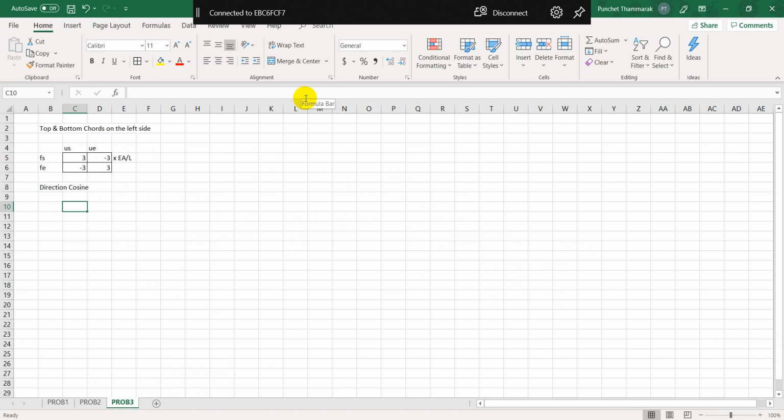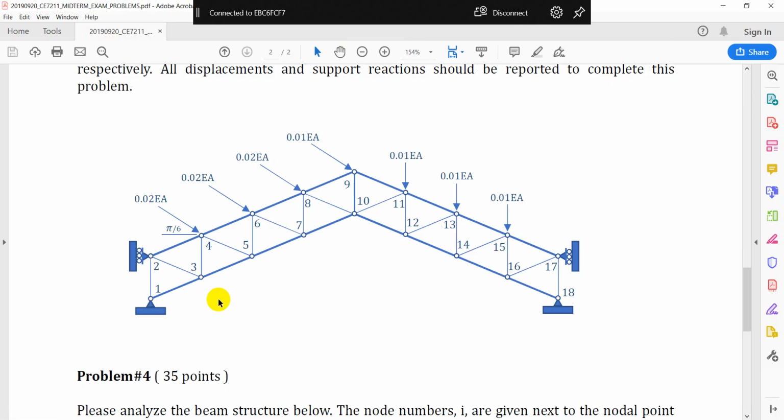So you have the 2/4, right? Which one first? Cosine first, right? Cosine of the angle first, and then sine, and cosine and sine. What is the cosine of this angle?